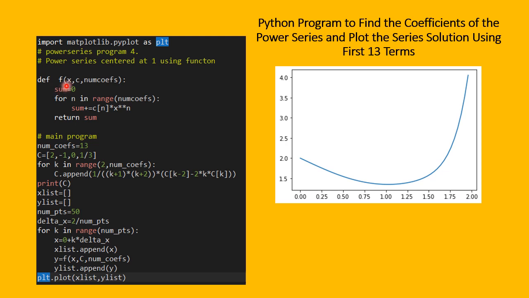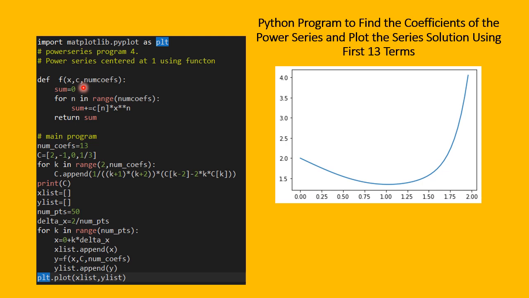Now, let's look at the definition of our function f. I pass f a value of x, and f is going to return a y value. I'm going to pass it a list of c values, which I'll call little c here, and I'll also pass it the number of coefficients. And here's what will happen. We have just a little bit of code here for computing that series.